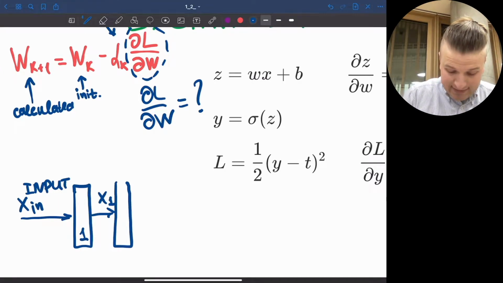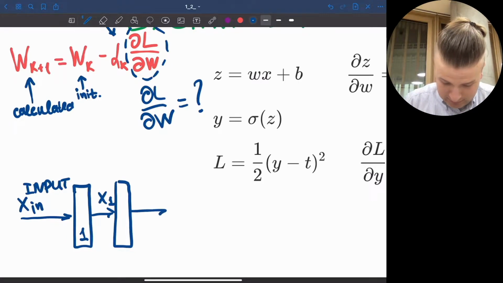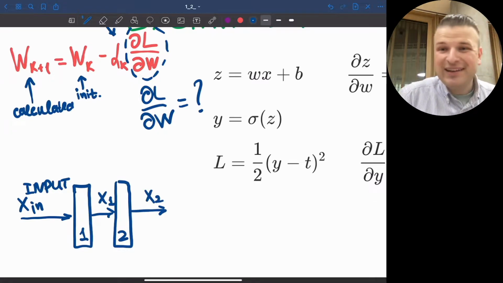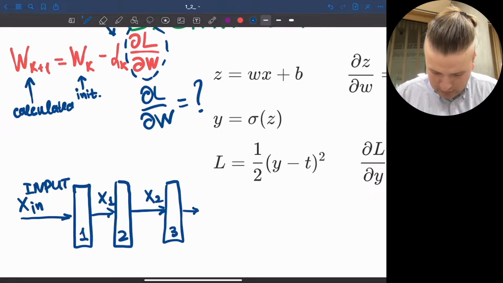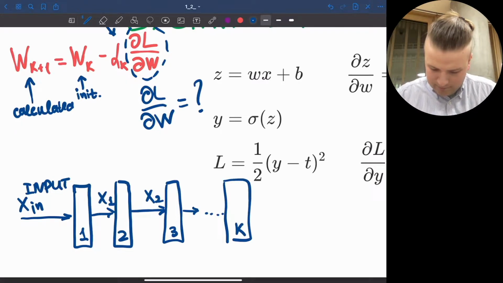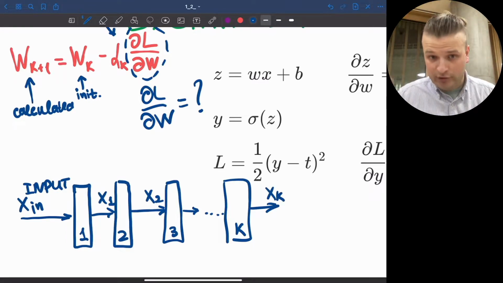For simplicity, you may think of x as a vector, just a vector. Second transformation, x2. And typically each transformation here, again, third transformation, and etc. Let's say k transformation, Xk as an output here.